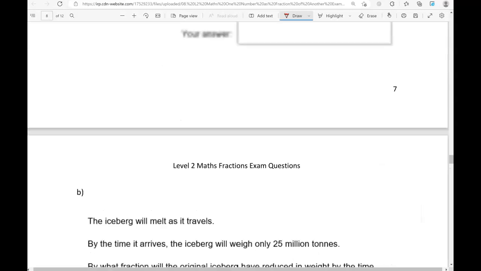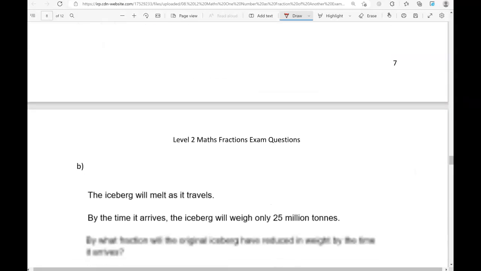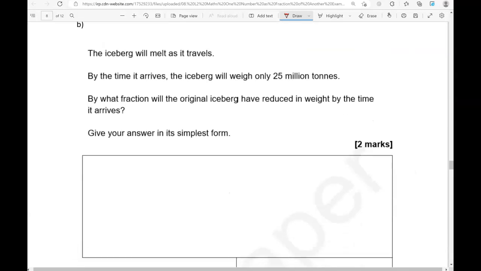So it's going from 40 million to 25 million. So 40 million, take away 25 million, that will give us 15 million.